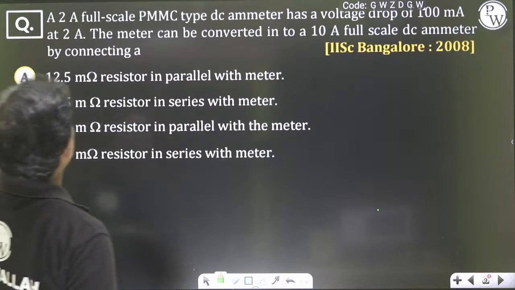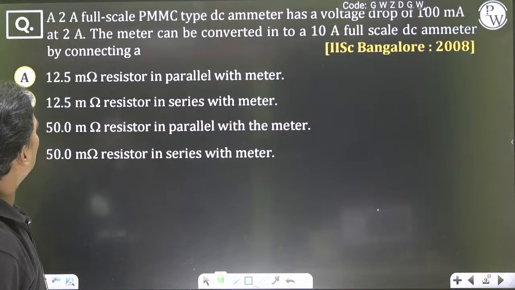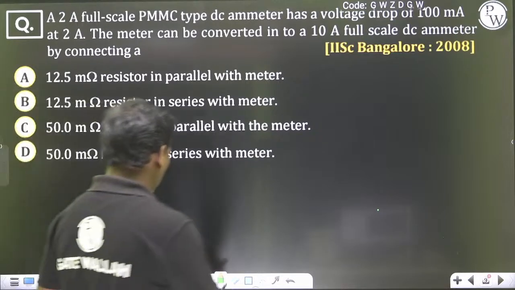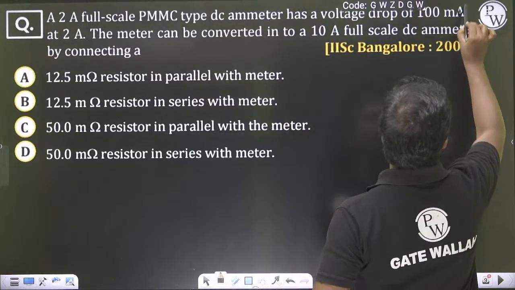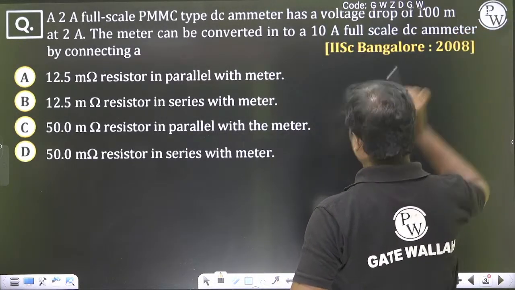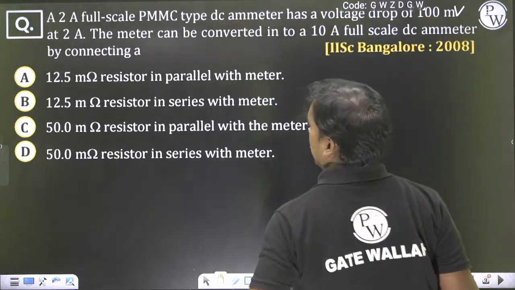A 2 amperes full scale PMMC type DC ammeter has a voltage drop of 100 millivolts at 2 amperes.